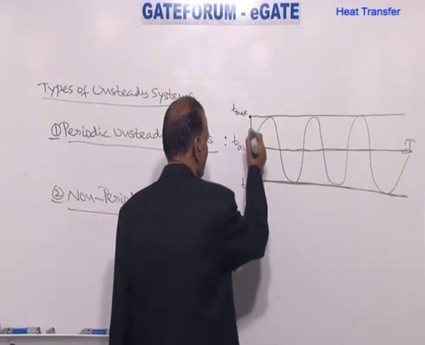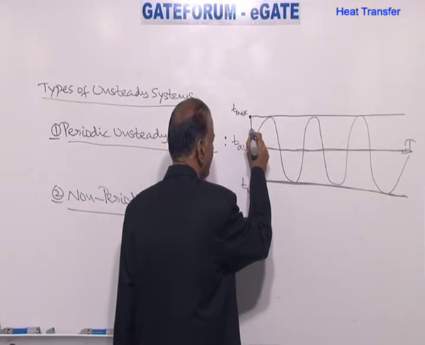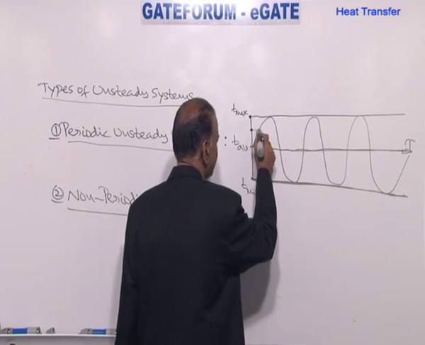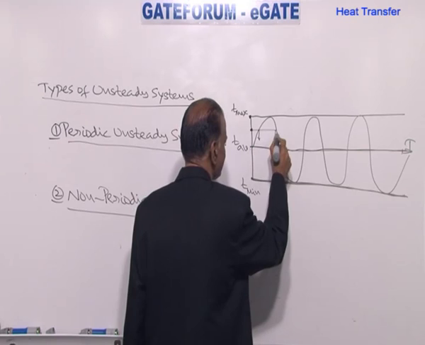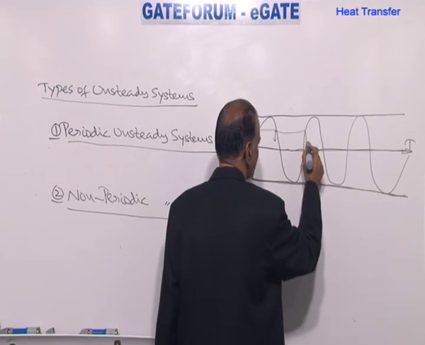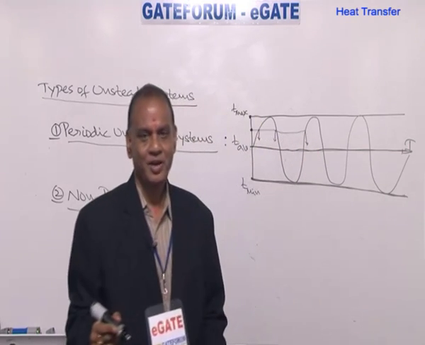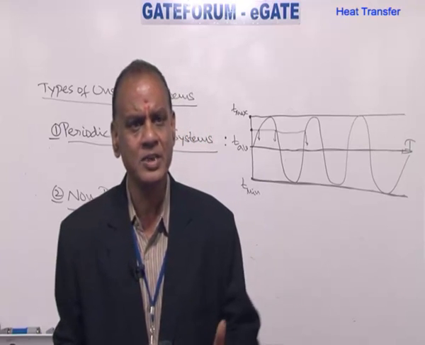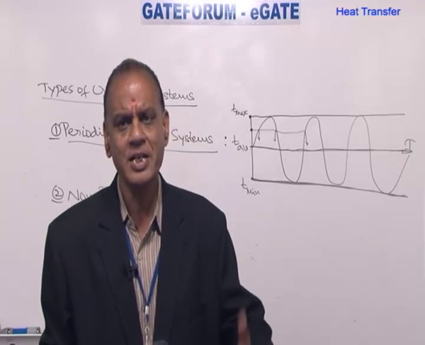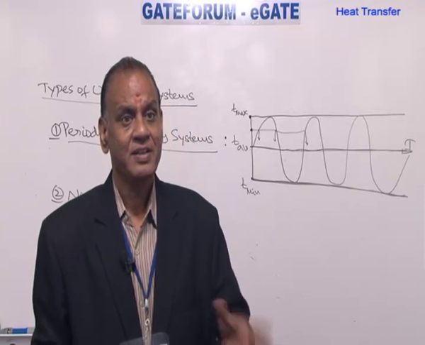A particular temperature, let us say you want to get this temperature, we are going to get again and again. You are going to get it here, at this instant, at this instant, and so on. After few seconds or after few minutes, you get the same temperature repeatedly.